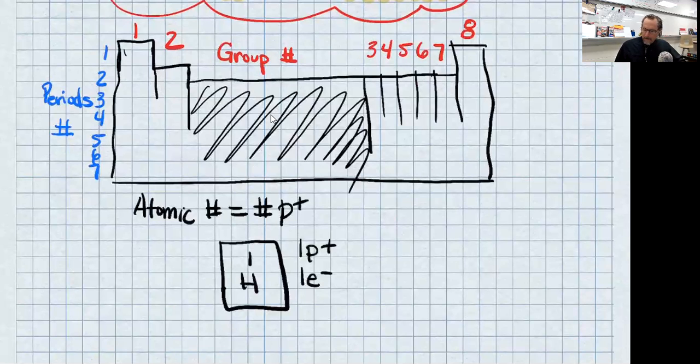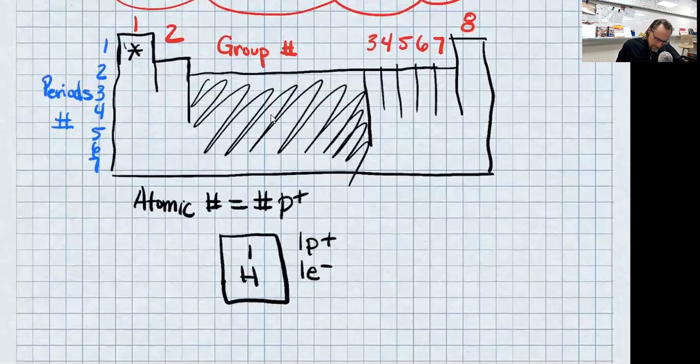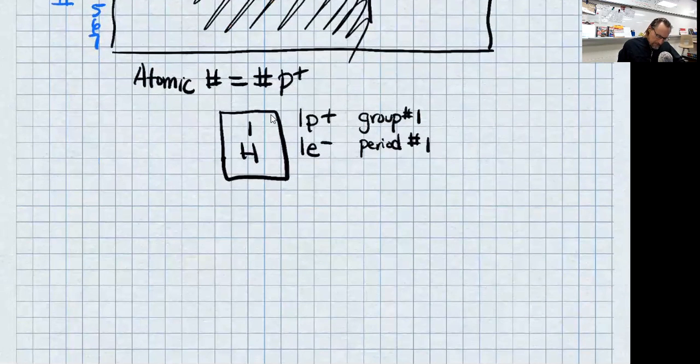And when I look at the periodic table, I find hydrogen, it's number 1, it will be right here on the periodic table. And so what I can say about that is it is in group number 1, and it is in period number 1.